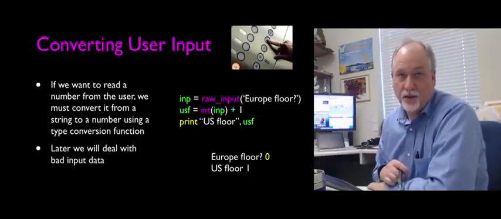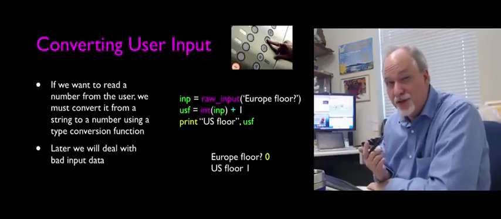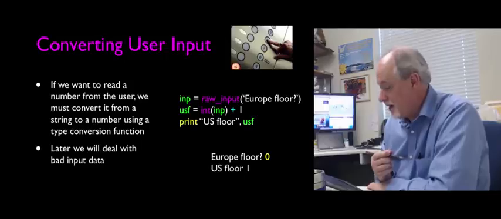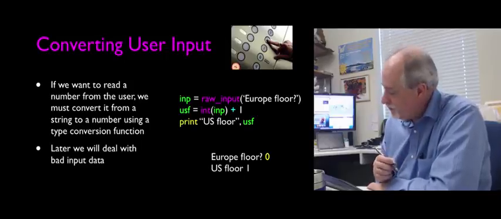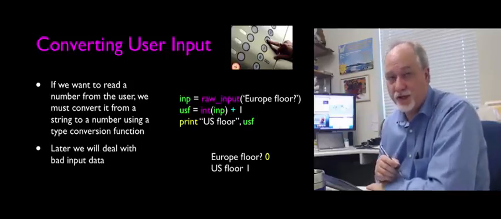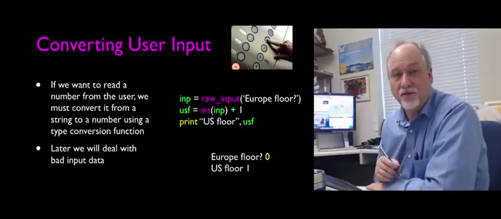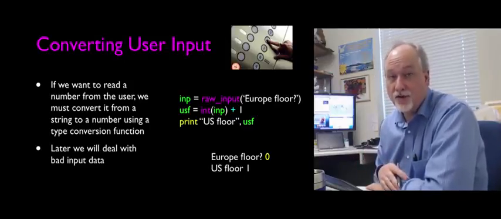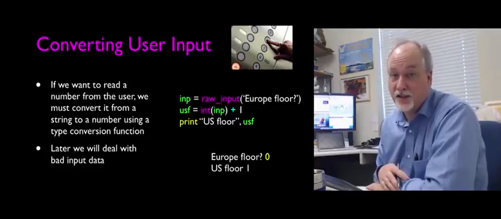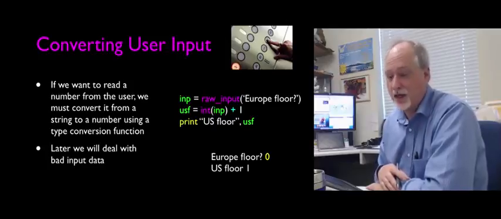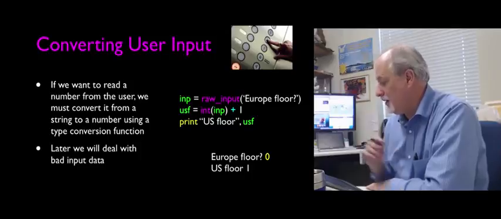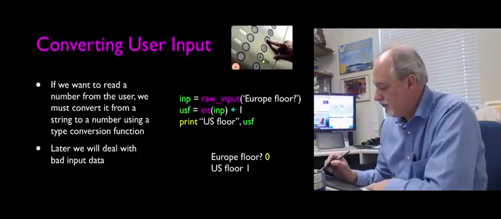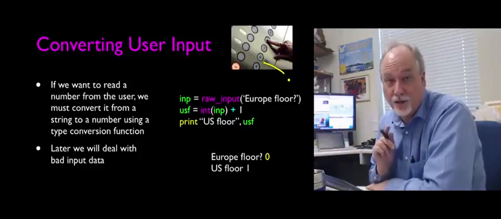So now we're going to create the first useful program. It's not a powerful program. It is an interesting problem of the fact that for some reason there's a difference in the numbering scheme of United States elevators and European elevators. In European elevators, the floor that you walk out on is the 0 floor.